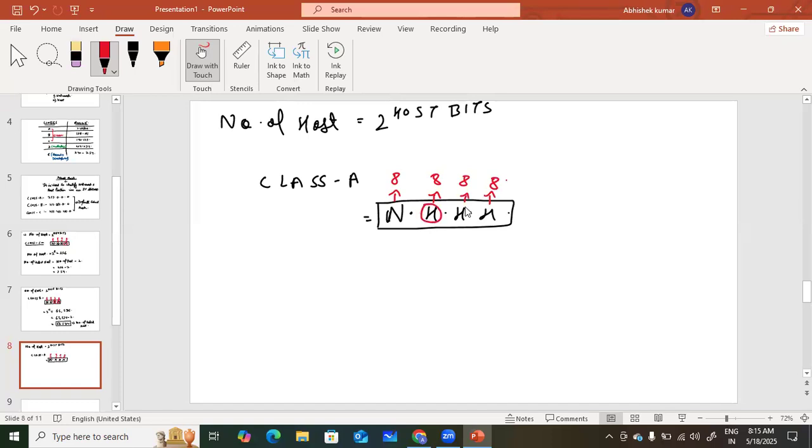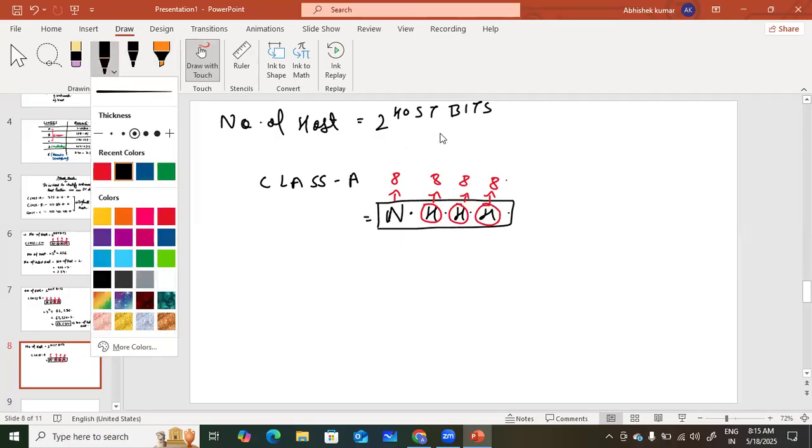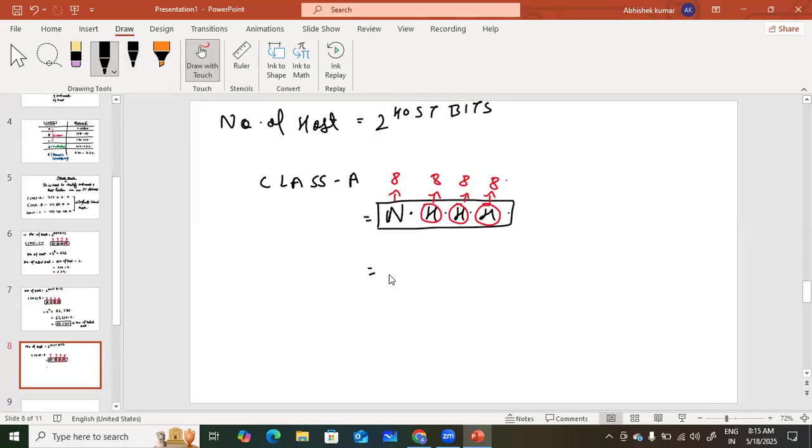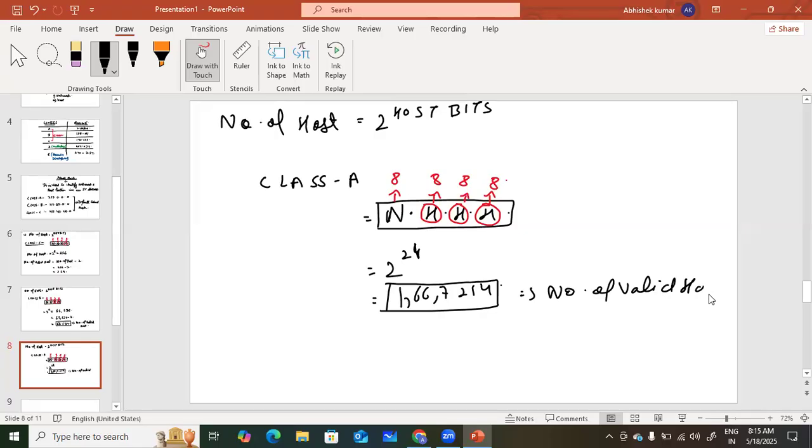How many host bits? 8 plus 8 plus 8 gives me 24, which is 2 to the power 24, which is something around 16,777,214. The exact number of total hosts, and the number of valid hosts.